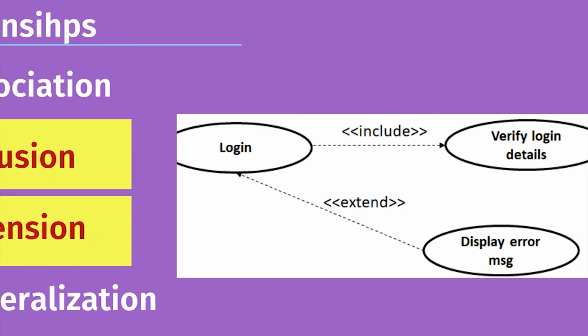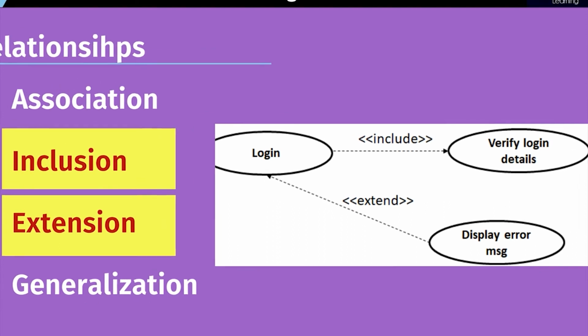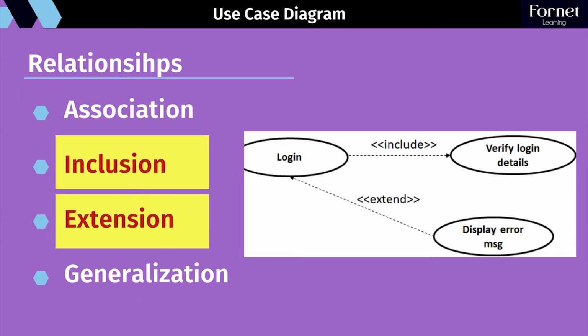But sometimes the system might display an error message, for example, if you enter wrong information. So display error message is optional. It may happen and it may not. So we say that display error message extends login.